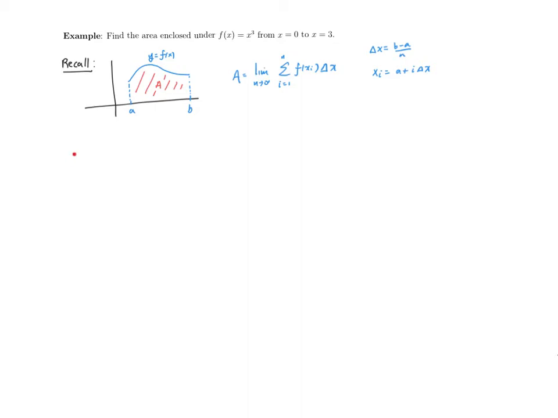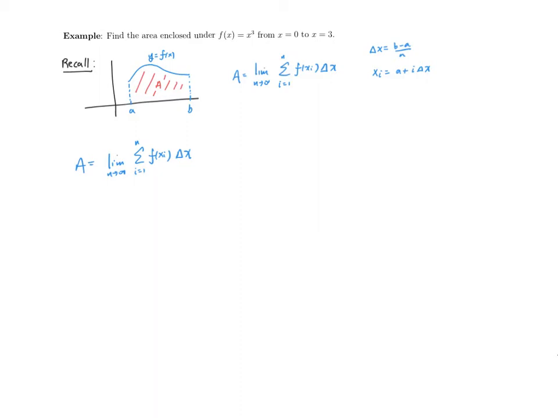So we're going to start by just cutting and pasting the formula from above. This area that we're trying to calculate would be the limit as n goes to infinity, the sum from i equals 1 to n of f of x sub i delta x. Similar to when we were working with the definition of the derivative at the beginning of the semester, I joked that I always start by writing out this general formula because that means I always know what my first step is going to be.